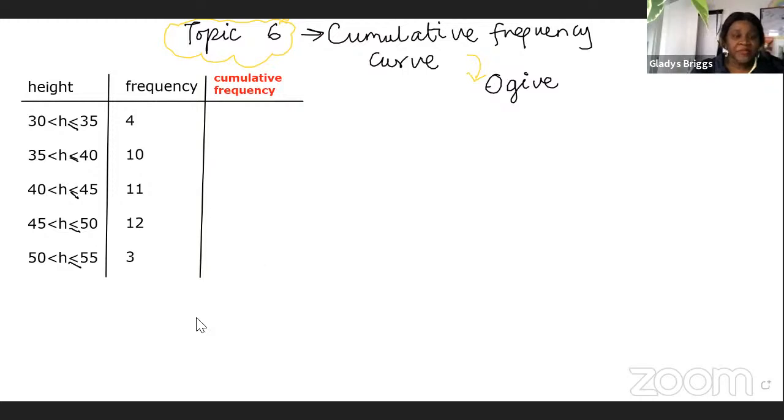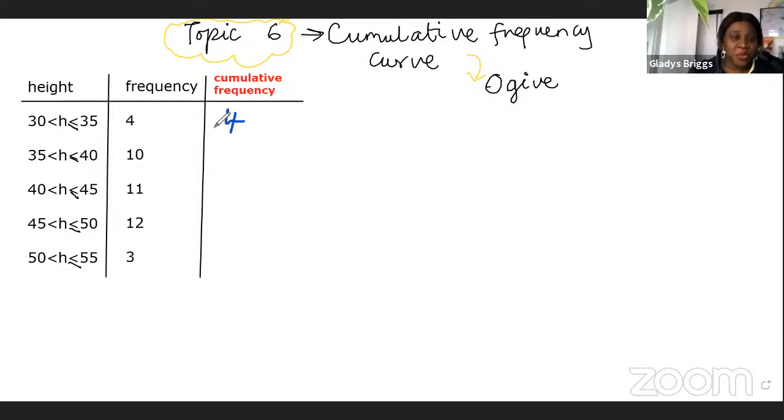So the first one, which is 4, has no preceding one. So 4 add 0 here would be 4. It will be 4, yeah?